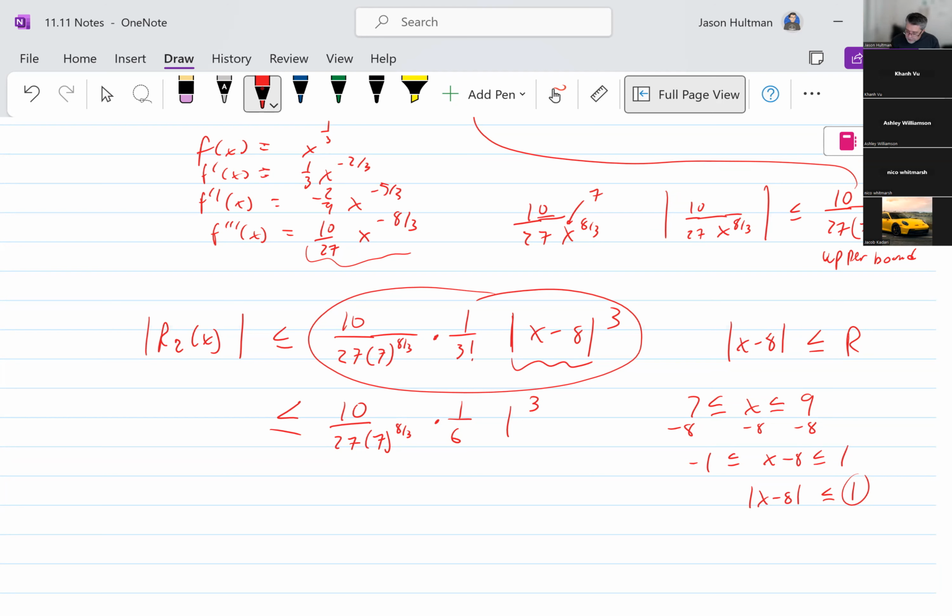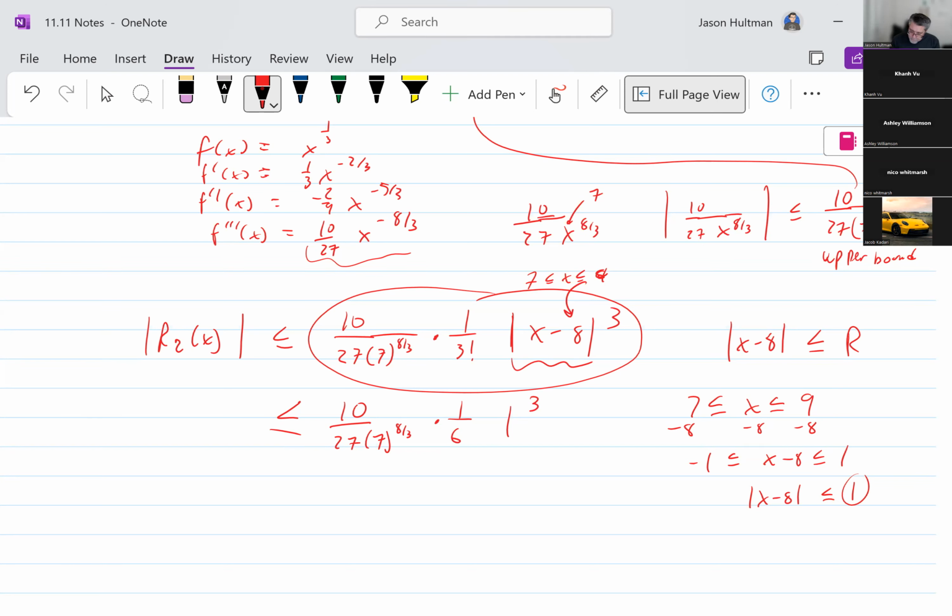So we're saying that all of the values between 7 and 9, if I plug them in here, it's going to be smaller than or equal to if I just plug in a 1. That's going to be my upper bound.